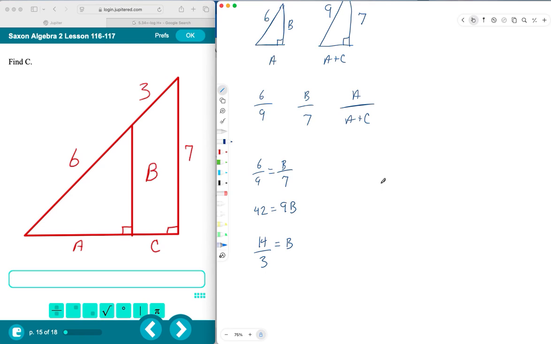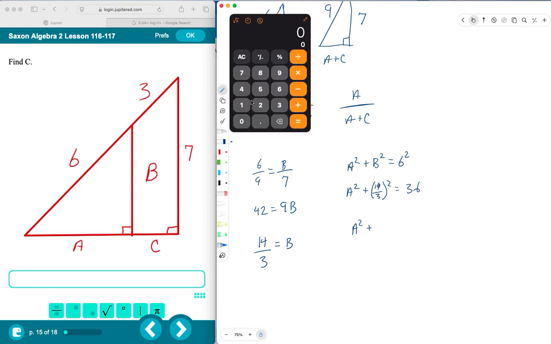So now that I have that, I can solve for A using Pythagoras' theorem, because A squared plus B squared is equal to C squared, which is 6. So A squared plus 14 over 3 squared is equal to 36. So A squared plus, whatever 14 times 14 is, 14 times 14 is 196.